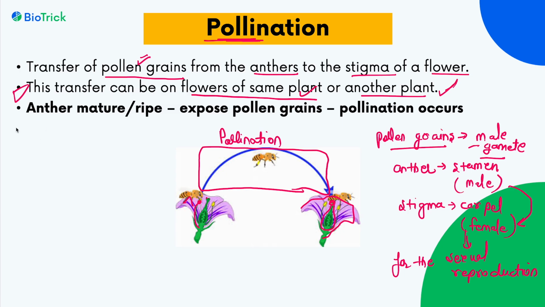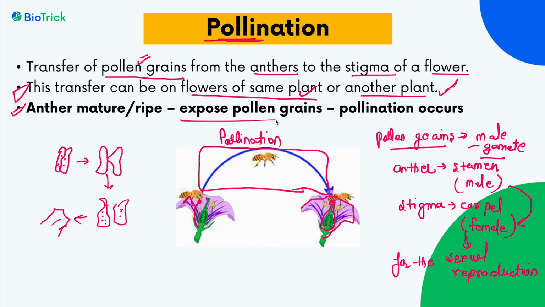Pollination occurs when the anther, which contains the pollen grains, matures. It bursts to release the pollen grains, and pollination occurs. So exposure of pollen grains is essential for the process of pollination to complete.